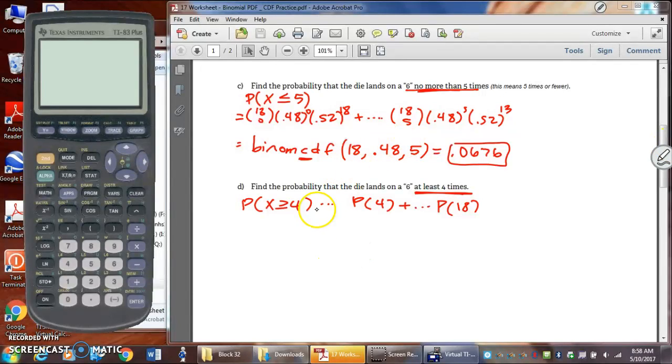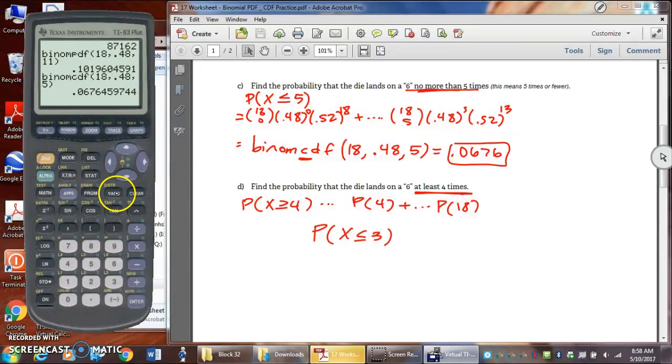So what we're going to do is figure out what we don't want, which is the stuff less than or equal to 3. We want greater than or equal to 4, so we're going to find what is less than or equal to 3 in our calculator using binomcdf. So second vars, binomcdf again, 18, 0.48, and then 3, and that is 0.0233.